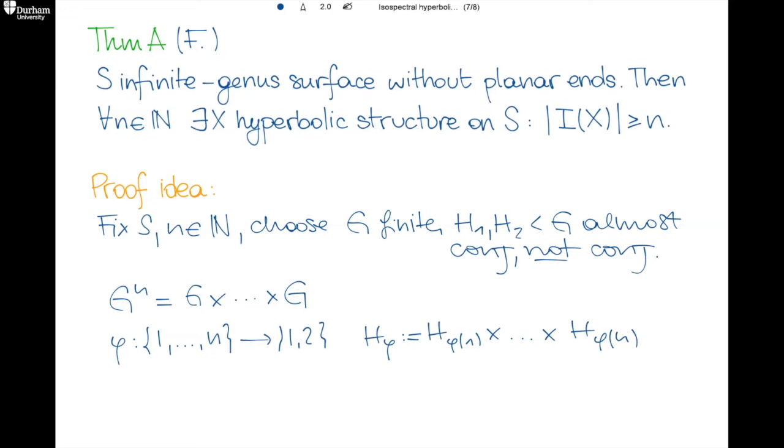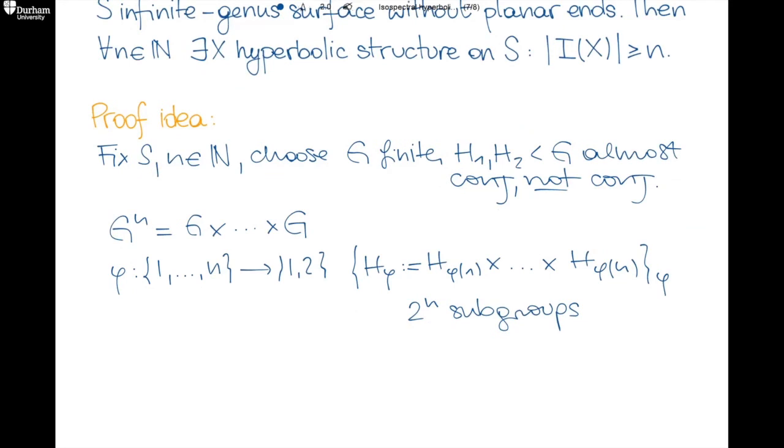So this gives me a collection, where phi varies. These are 2 to the n subgroups. It's not hard to show that they are again almost conjugate and not conjugate in G to the n. Almost conjugate is the important part.